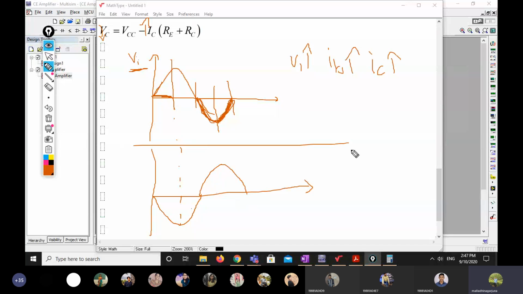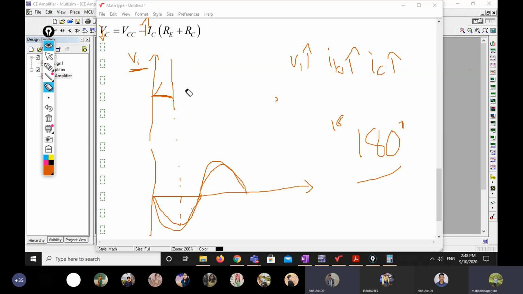Now we compare input and output. Input is positive going, output is negative going, and input is negative going, output is positive going. So there is a 180 degrees phase shift. This is the reason why the CE amplifier exhibits a 180 degrees phase shift. So by taking the equation, you have to explain. Is it clear now? Yes, sir.